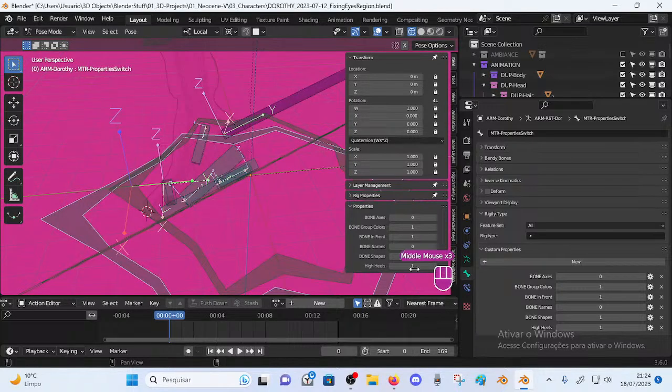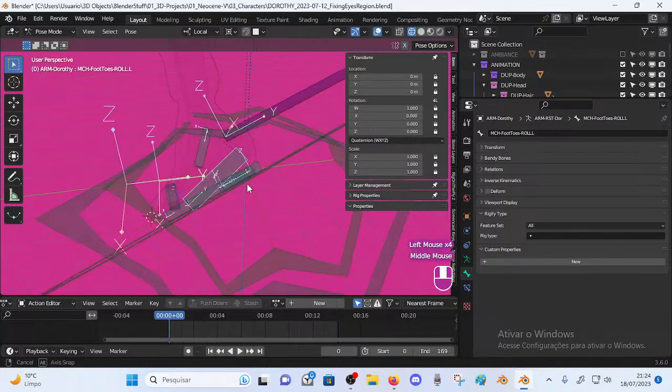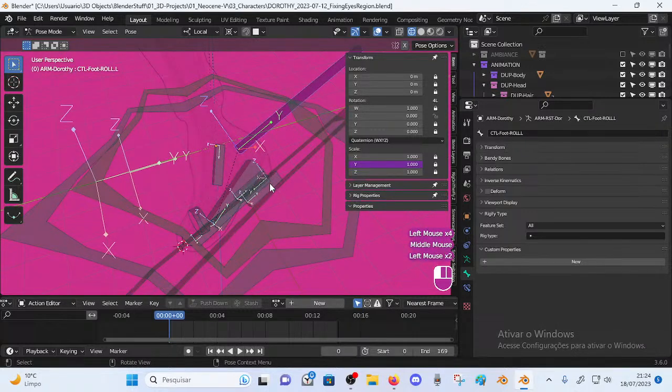So what happens here is that I'm not sure if I will be able to present that, because it requires the selection of one bone.